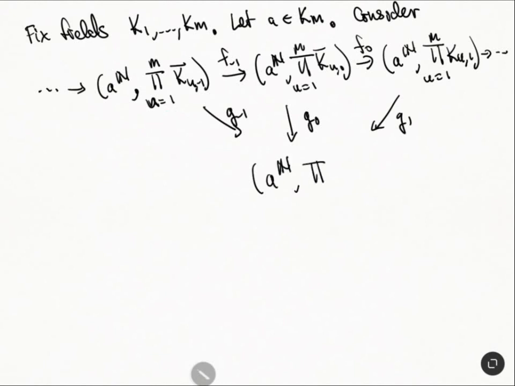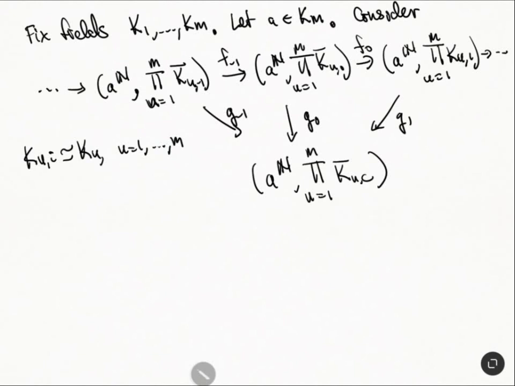We're going to have the product over u equal to 1 up to m of K_uc. These are all going to be copies of the fields. So K_ui is going to be isomorphic to K_u, for u from 1 up to m. And then we're going to index them like so.